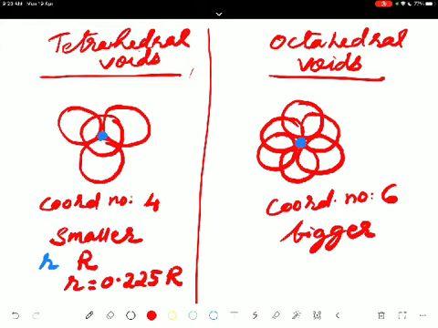In the case of octahedral void, small r upon capital R is equal to 0.414. So we will be deriving these radius ratios.